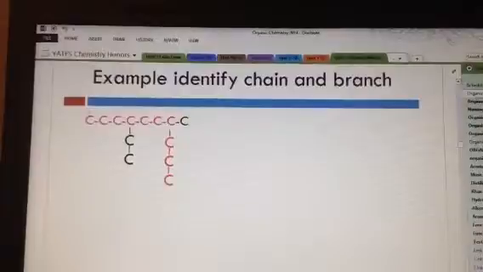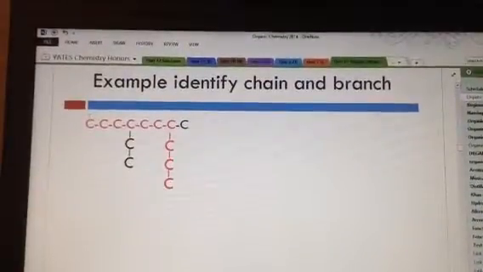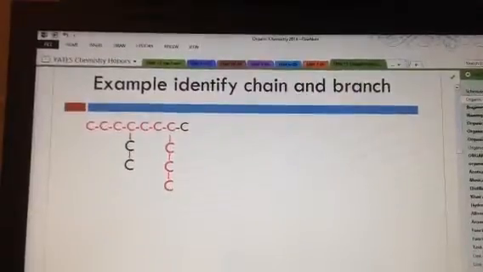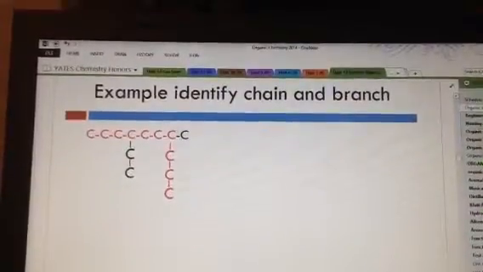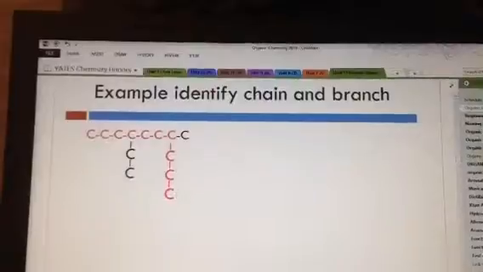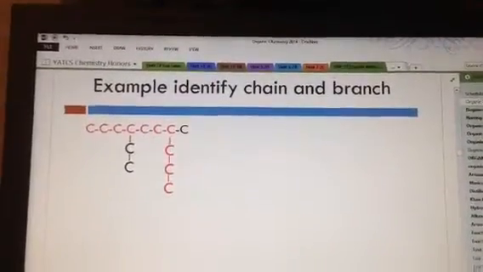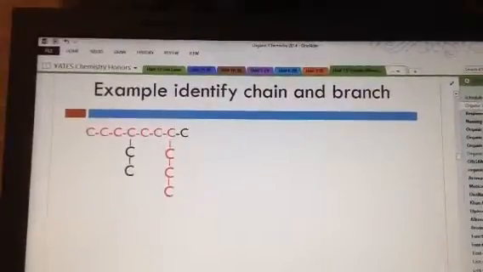So this would be, we still have to count numbers, 1, 2, 3, 4, and 5, 6, 7. This would be 4 and 7 if I counted this direction. 1, 2, 3, 4, 5, 6, 7, that way as well. So the lowest letter would win.